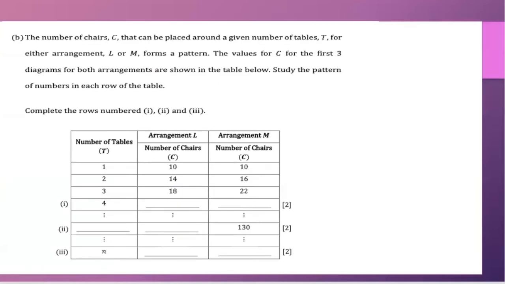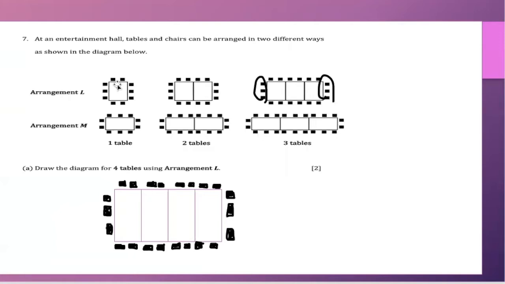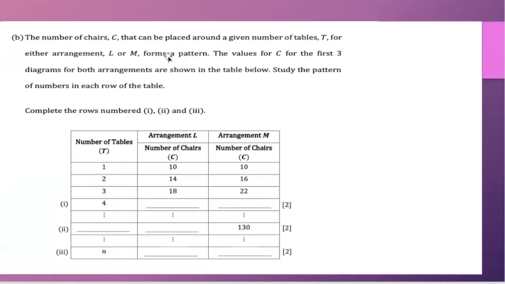The next part states the number of chairs, C, that can be placed around a given number of tables, T, for either arrangement L or M forms a pattern.